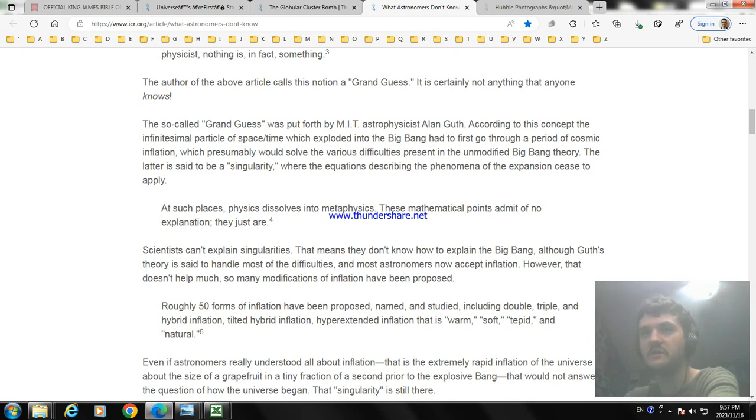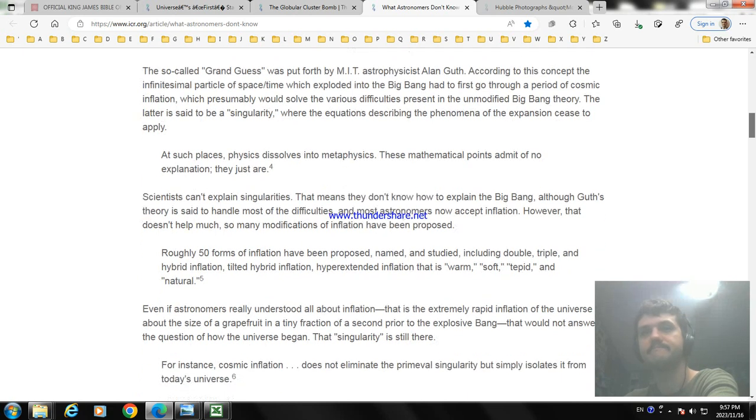Although Guth's theory is said to solve most difficulties, most astronomers have accepted inflation. However, that doesn't help much, and many modifications of inflation have been proposed.